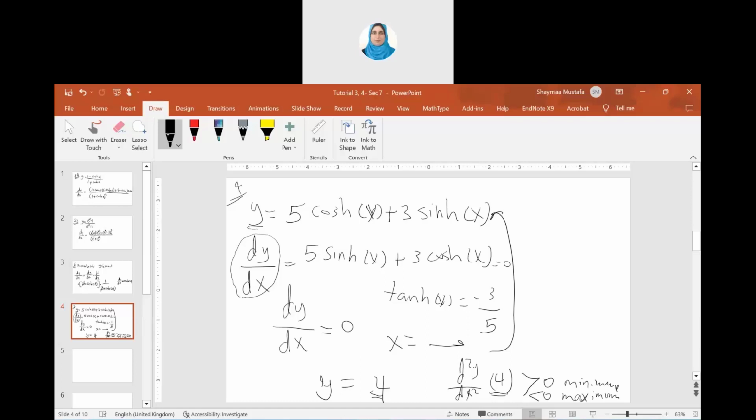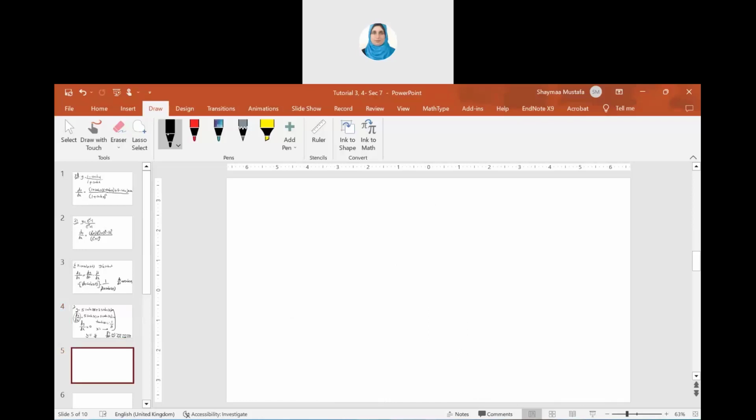Same as question 10. In question 10, you need to find where the maximum is.